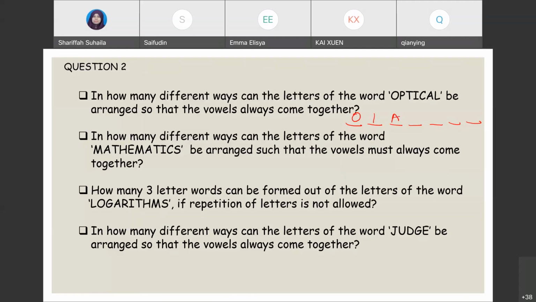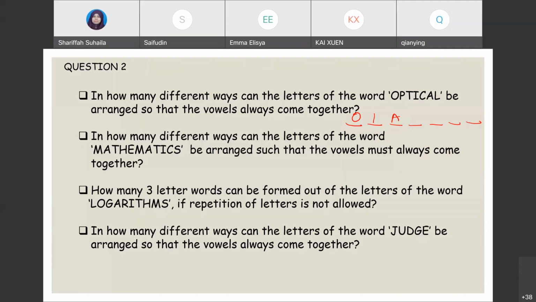You want to arrange this so that the vowels always come together, but we have no other conditions. In your case, you have the other consonants: O, P, T, C, and also L. So you have 4 other letters.